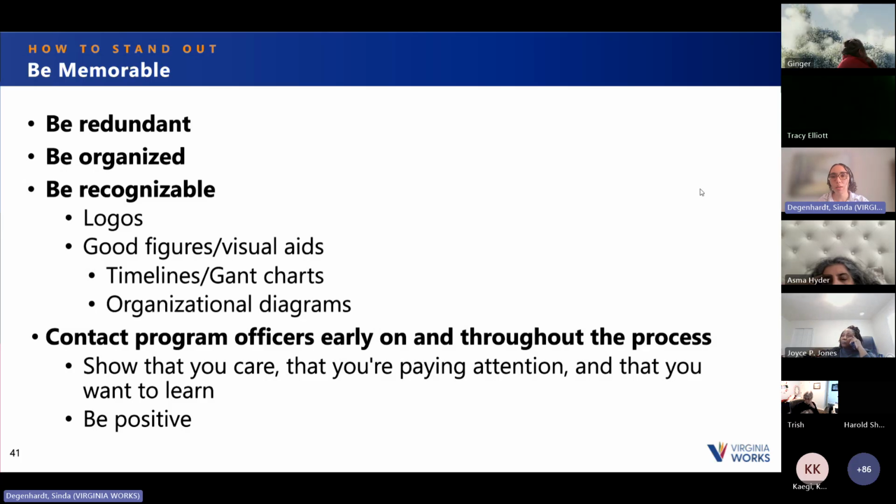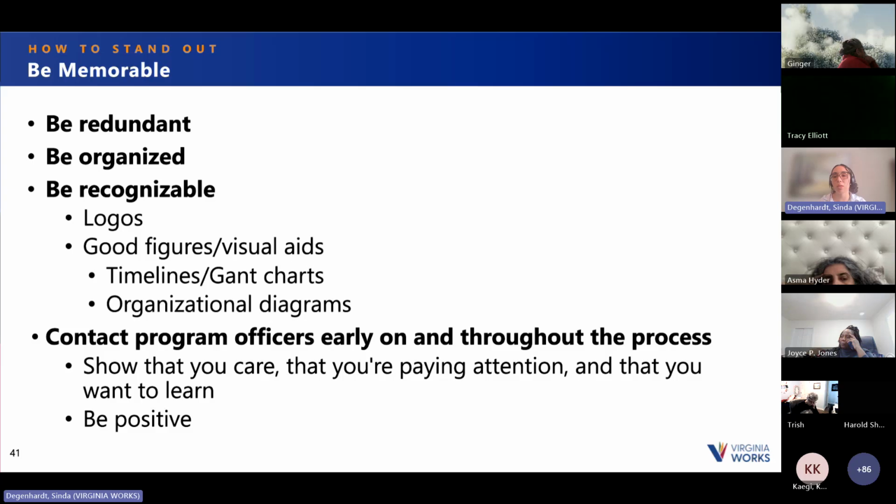So the secret is, of course, to have a good proposal and to be well thought out, but you really want to nail that you care, and the best way to show that you care, in addition to being careful and diligent and putting your application together, is to reach out to them early on. Once you submit your application, reach out to the program officer again to thank them for all of their help and their guidance.